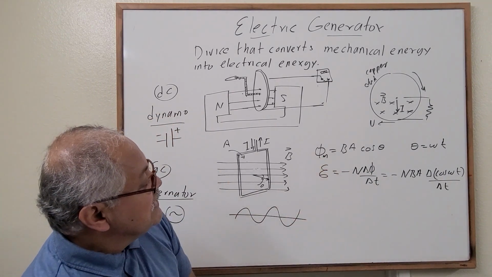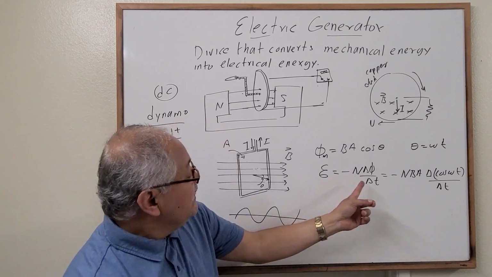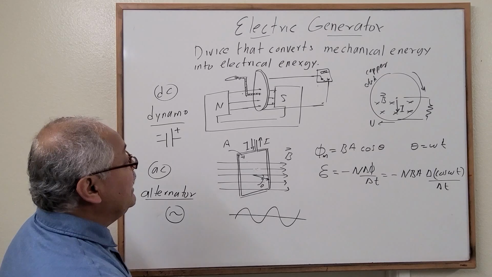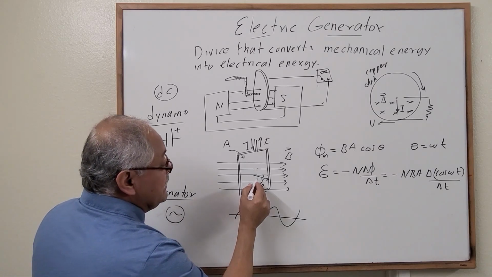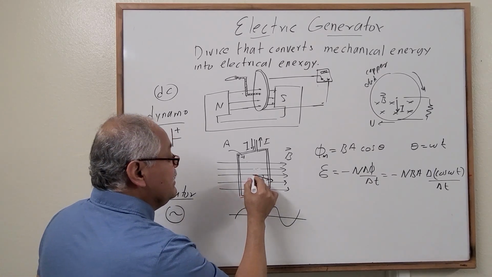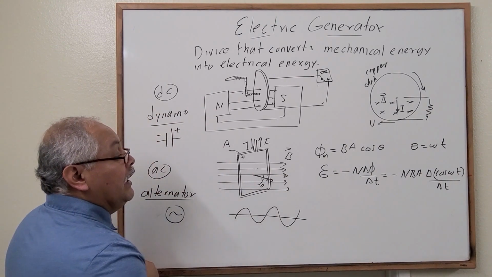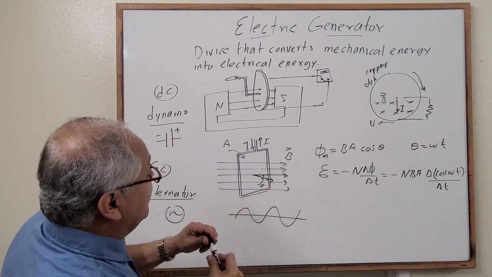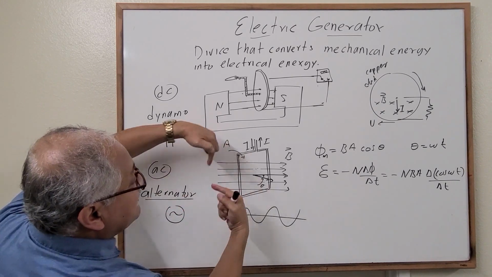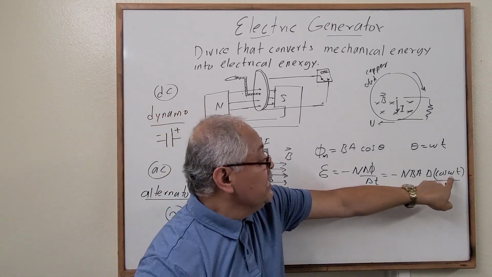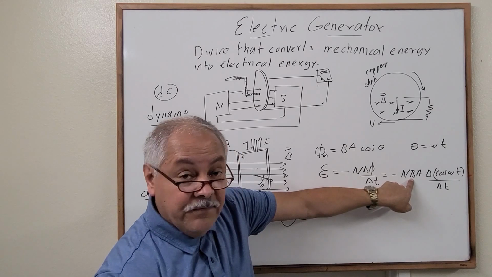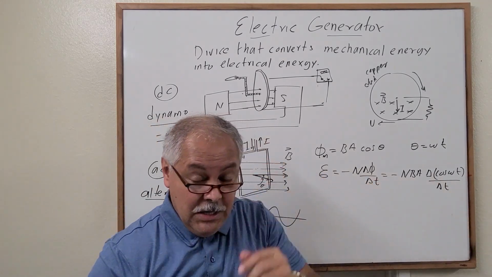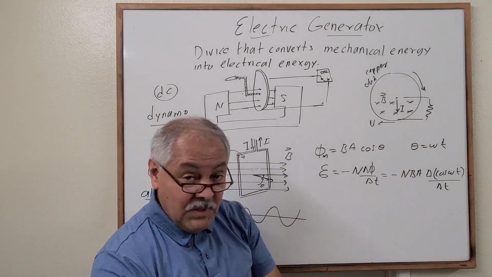When we do that, we can see that only the angle is changing. This is the direction of the area at this instant, and this is the direction of the magnetic field, and we have the angle theta. But because this area is rotating, the angle is changing. The area is the same, the magnetic field is constant, the number of turns is the same, so we're changing only the angle.